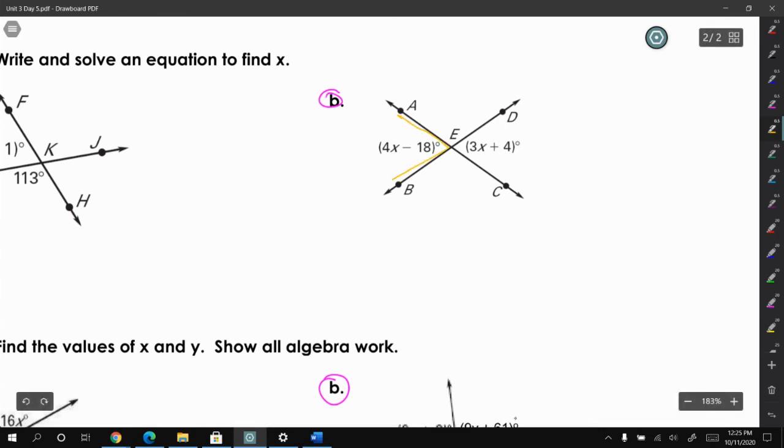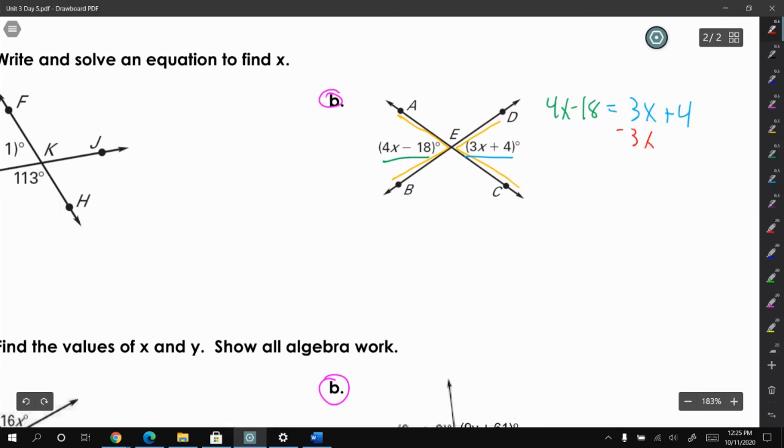So these two angles are vertical angles. That means they are equal to each other. So we need to set up the equation 4x minus 18 is equal to 3x plus 4. And then we'll solve that.